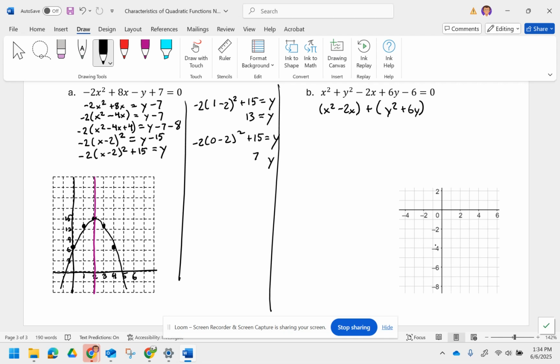And then we had the minus 6. I'm actually going to move that to the other side. All right, so for this first one with x squared minus 2x, so a minus 1x would give me negative 2x. So if we're dealing with a minus 1, negative 1 squared would be a plus 1.